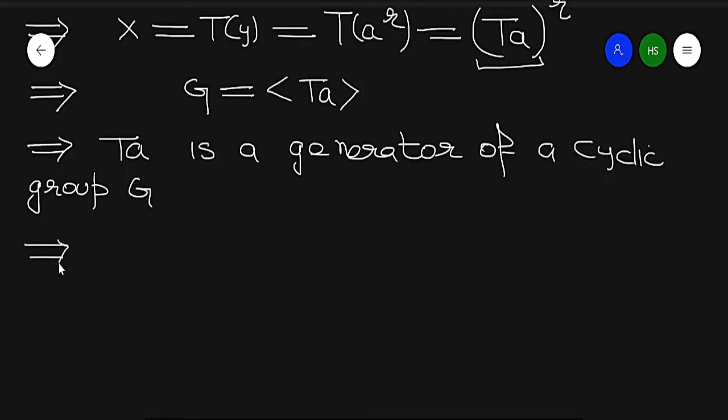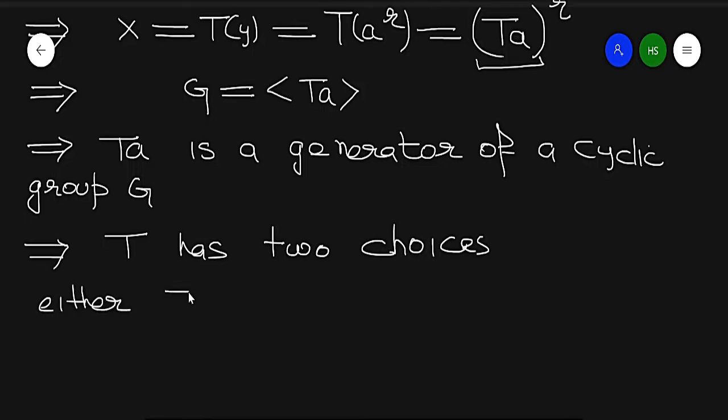G is an infinite cyclic group, so it has two generators, either A or its inverse. So since it is an infinite cyclic group, T has two choices: either T(A) is equal to A or A inverse. So it has two choices, either A or A inverse.